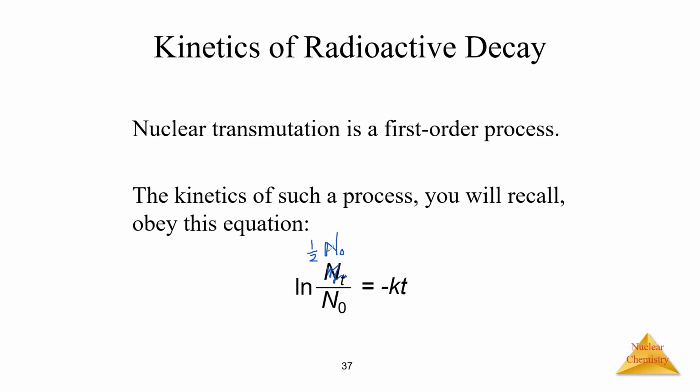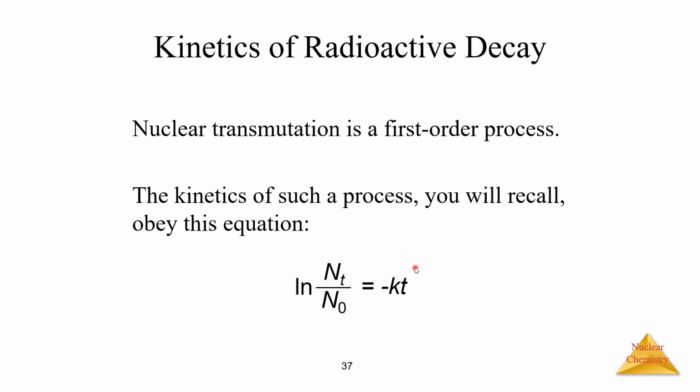If we substituted that in for the half-life, because this is going to be 50% of whatever this is, we'll see that the initial amount, N0, is going to cancel on the top and the bottom. So we'll just be left with natural log of 1/2, which is going to be negative 0.693.